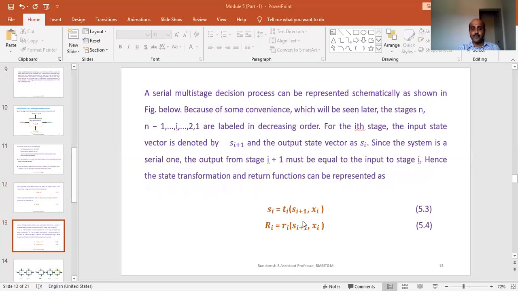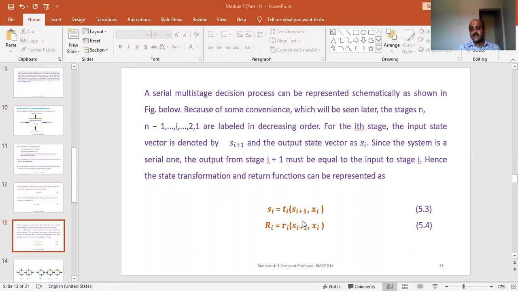A serial multi-stage decision process can be represented schematically as shown in the figure below. For convenience, which will be seen later, the stages n, n minus 1, down to i, down to 1 are labeled in descending order.